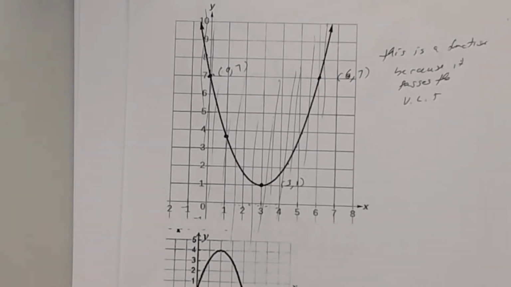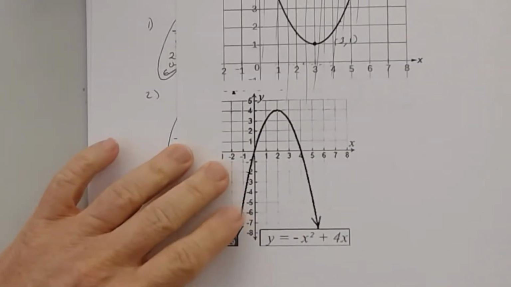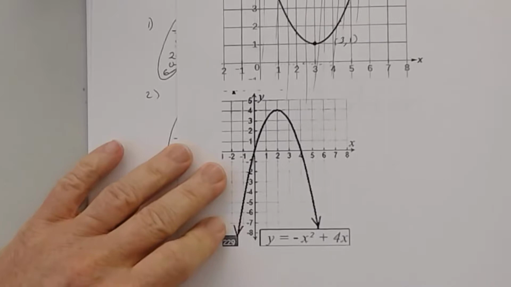So if you have a graph, you can use what test to determine if a graph represents a function? Vertical line test. In order for it to represent a function, no matter where you draw the vertical line, it's got to intersect it how many times? Once each time. So this problem right here, is that a function?